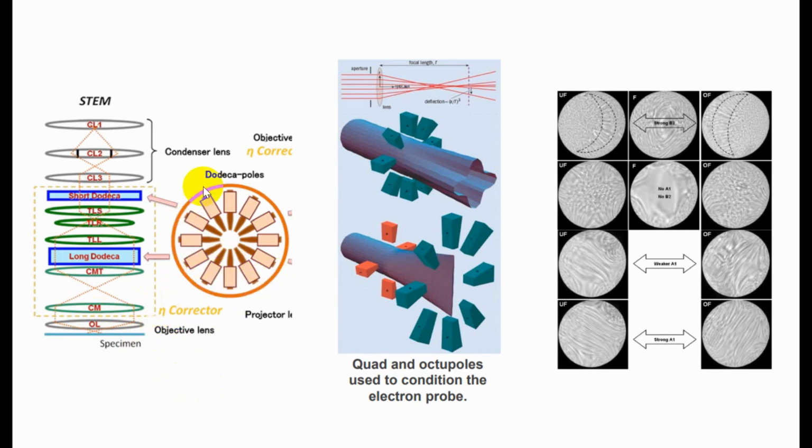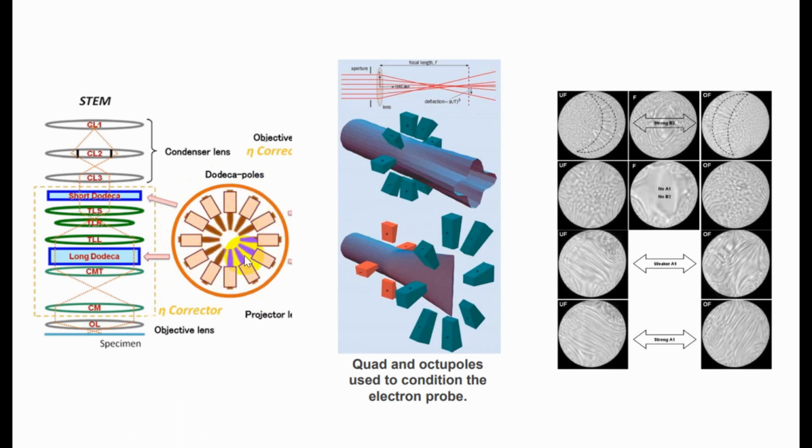The probe correction system is located between the condenser lens system and the objective lens. Here we use a dodecapole corrector, compensating the lens aberration with the probe corrector shown here.